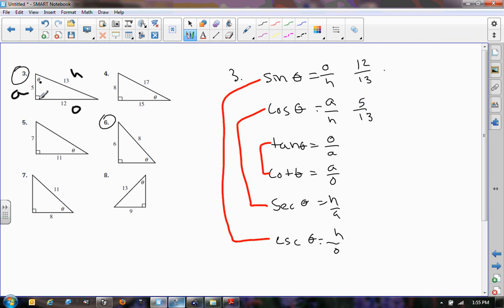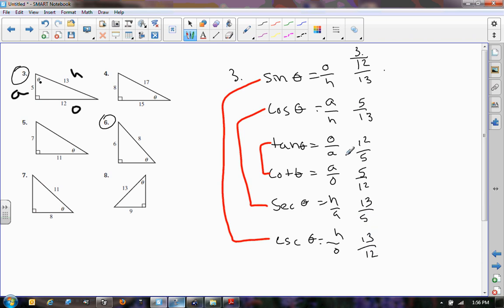I'm getting it right from here. Number 3. OA, so this is number 3. OA, O is 12, A is 5. AO, 5 over 12. Start flipping them. 13 over 5 and 13 over 12. Leave them as improper fractions.